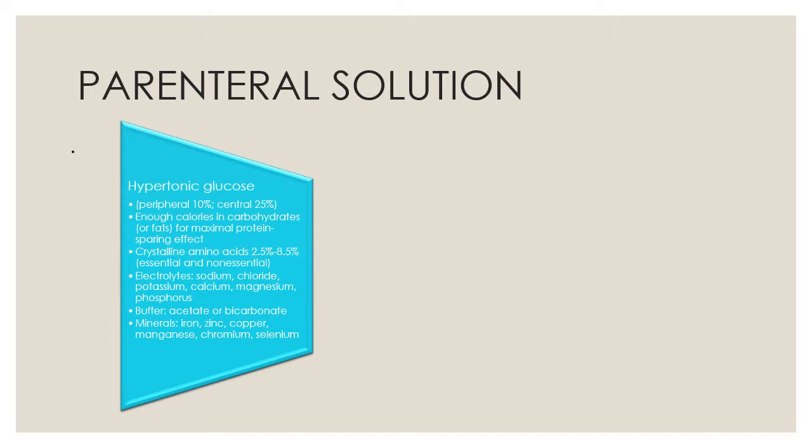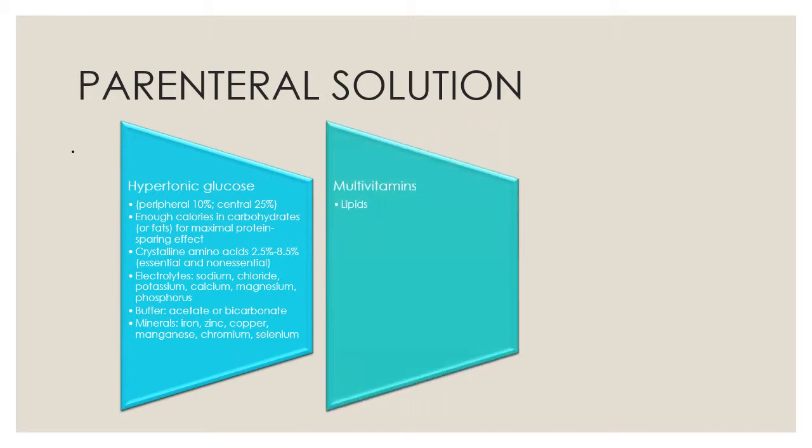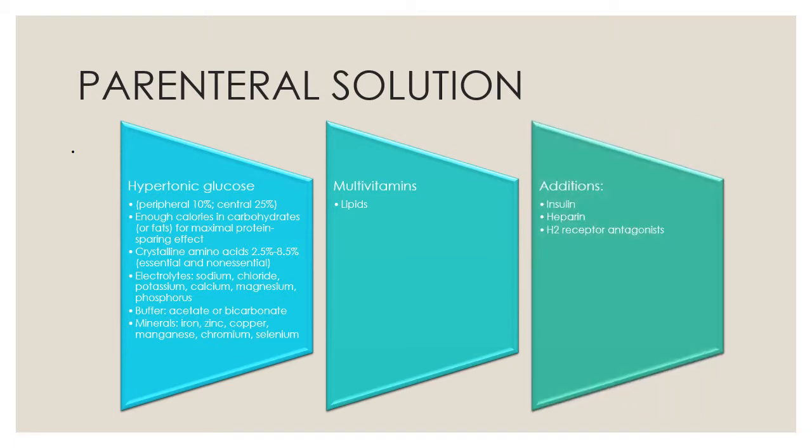There are crystalline amino acids, about 2.5 to 8.5%, essential and non-essential. The electrolytes are sodium, chloride, potassium, calcium, magnesium, and phosphorus. There is a buffer, acetate or bicarbonate, and then the minerals included are iron, zinc, copper, manganese, chromium, and selenium. It will also include the multivitamins and lipids, and other additives such as insulin, heparin, and H2 receptor antagonists.